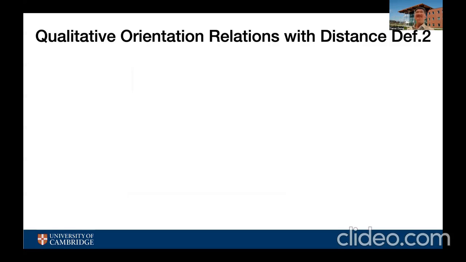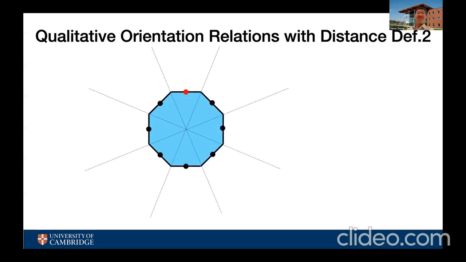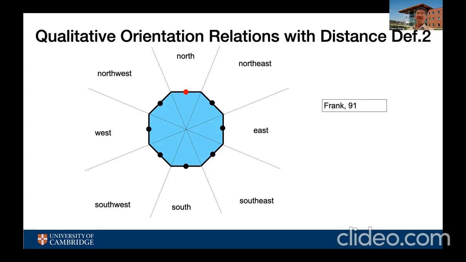And we switch to another one. If it's an octagon, and we're using the second distance definition, it partitions the space into 8 areas. Andrew Frank defined it one year before, in 91.